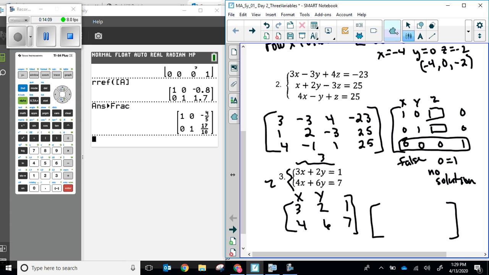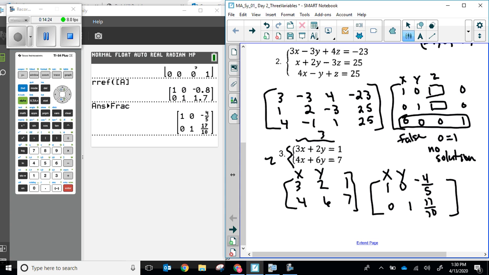So you have 1, 0, -4/5, 0, 1, 17/10. This is X, this is Y. So for this one, you have X equals -4/5, and Y equals 17/10. So that would be a system of 2 intersecting lines.